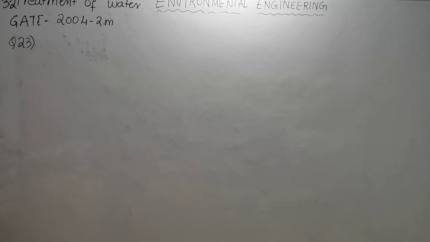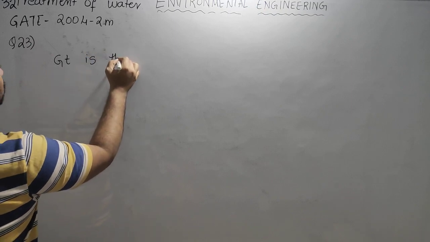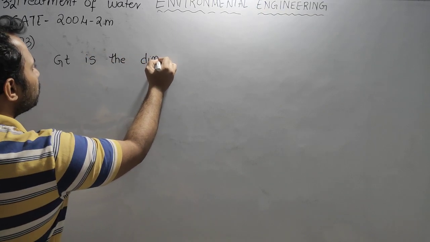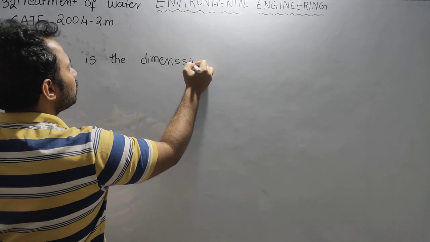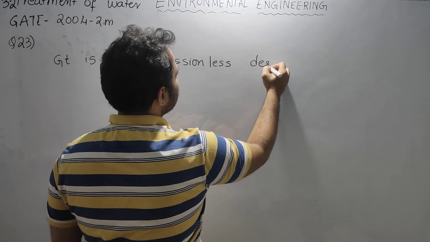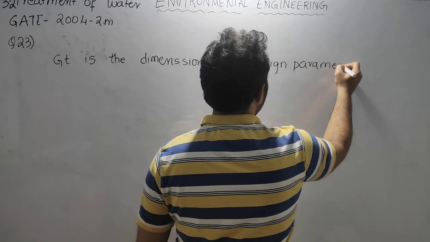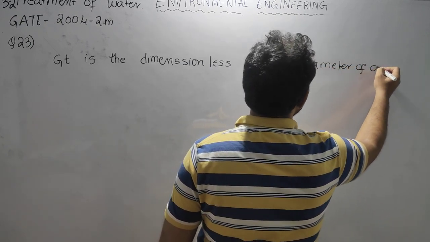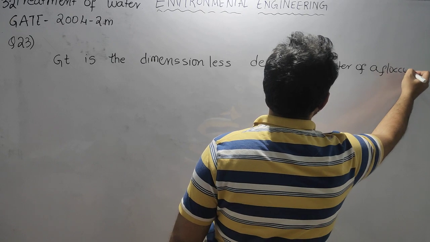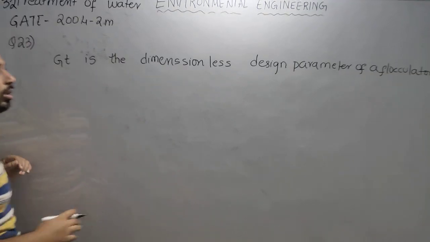So generally Gt is the dimensionless design parameter of a flocculator. This is the important design parameter of a flocculator.